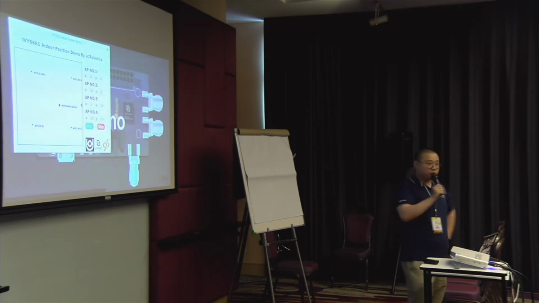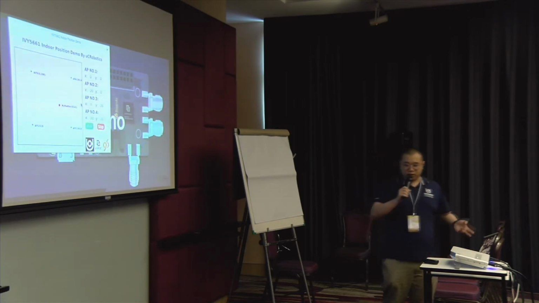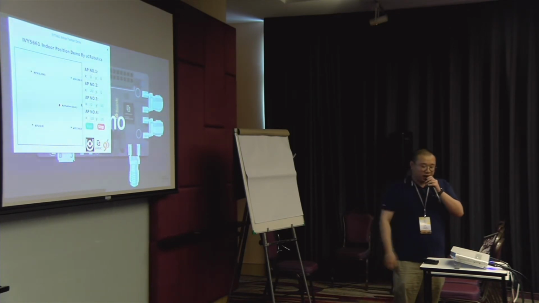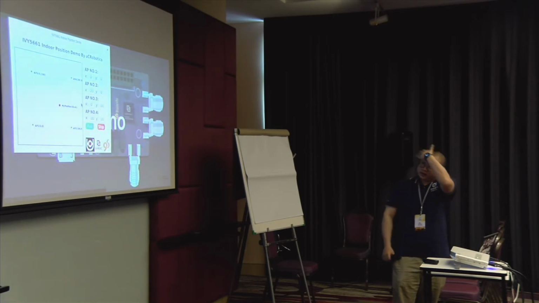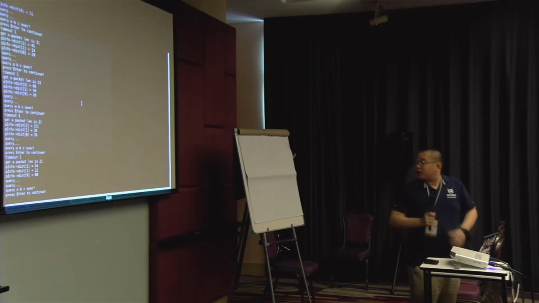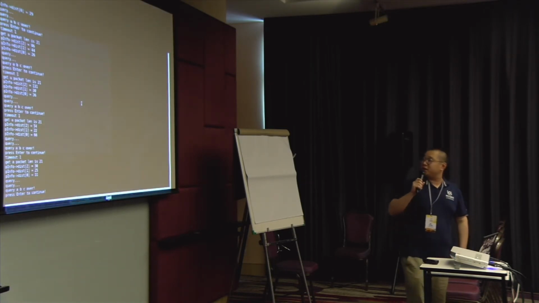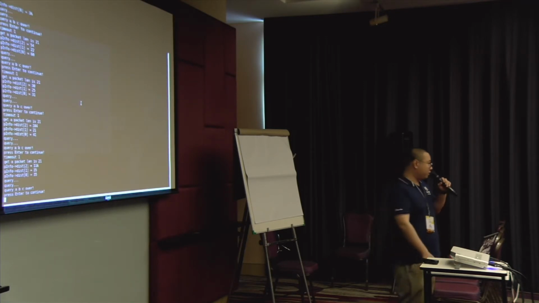But if you move this system to a big scene like 100 meters or 200 meters, the 1 or 2 meters will be small. Here's all my session. Any question?